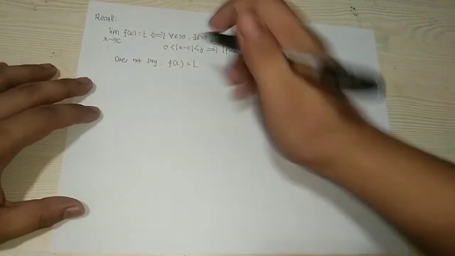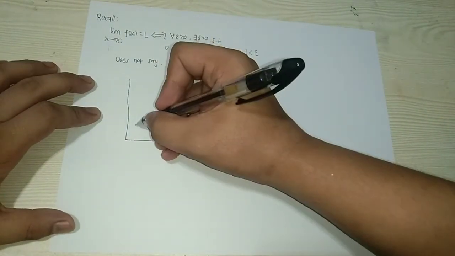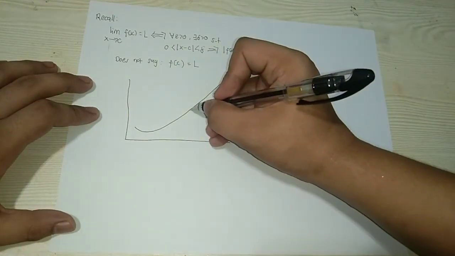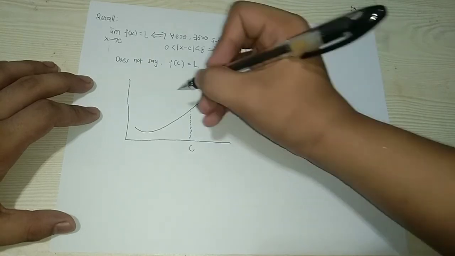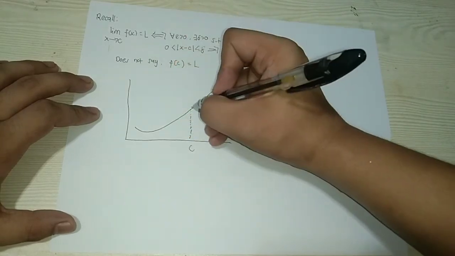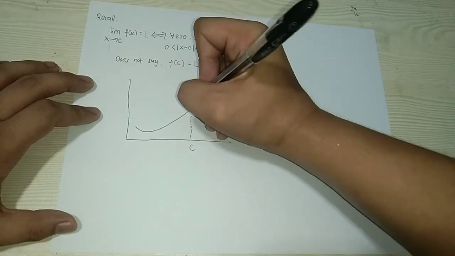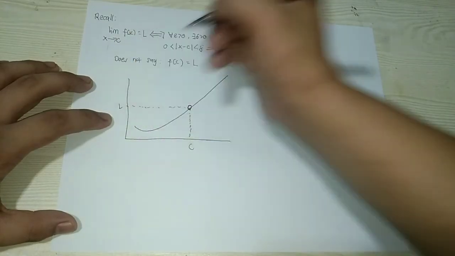So, parang ganito kung i-graph natin. Let's say, ito yung graph. Ito yung C. Then, ito, hindi pala siya, circle siya. So, ito yung limit. Okay?